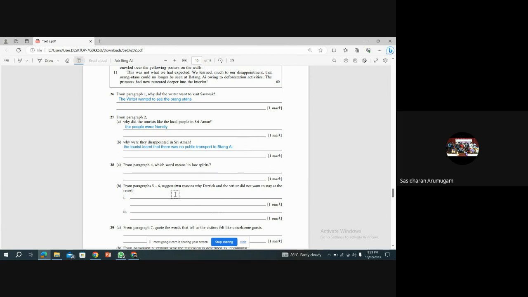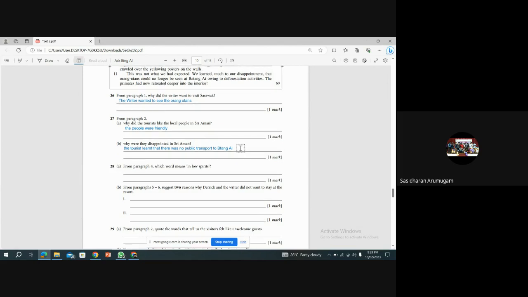Right? So from paragraph 4, which word means in low spirits? Low spirits, they are exhausted, loss of confidence, loss of hope.